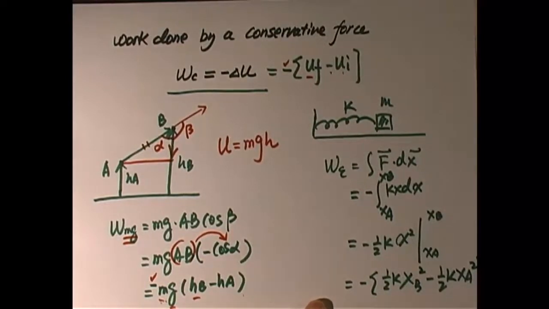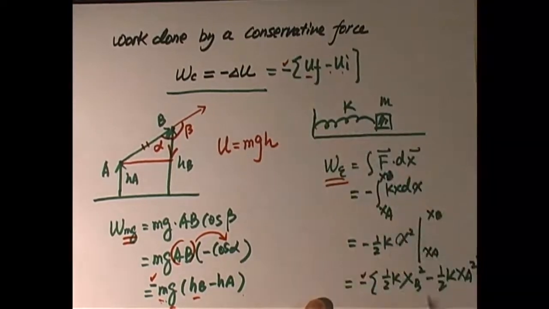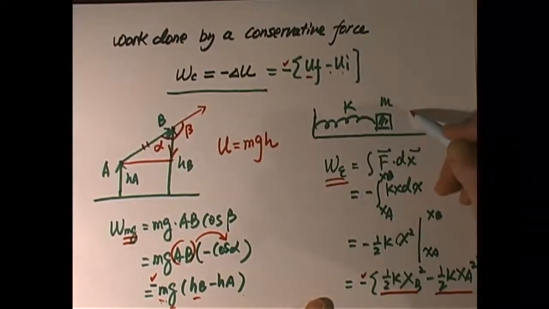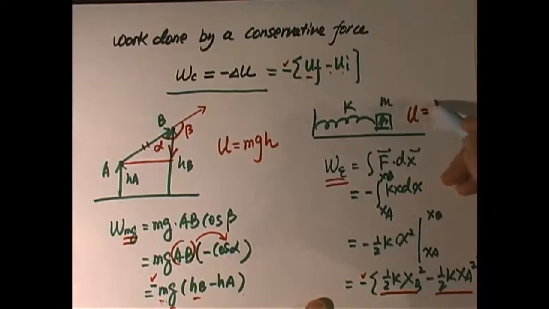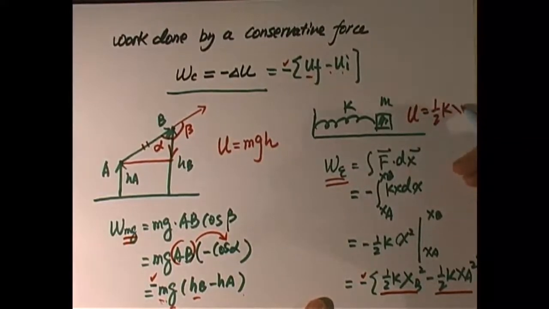So let's compare. Work done by a conservative force, which is elastic force, equals the negative. Here's the negative. It looks like the potential energy final for elastic force is 1/2 k xb squared. Initial is 1/2 k xa squared. So therefore, for the mass spring case, potential energy elastic is 1/2 k x squared.